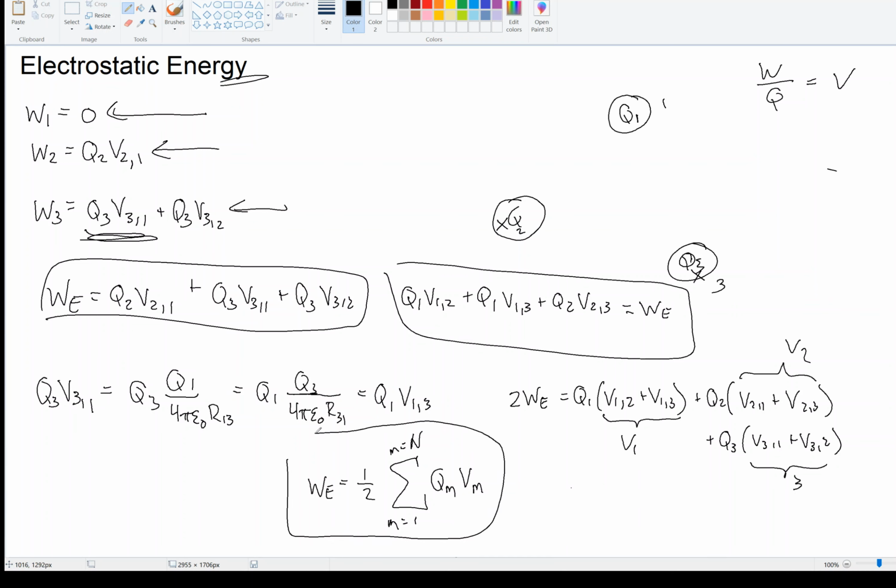This is the energy that it takes to assemble, and again, based on our original argument, that is the energy that the system is storing once it's assembled.